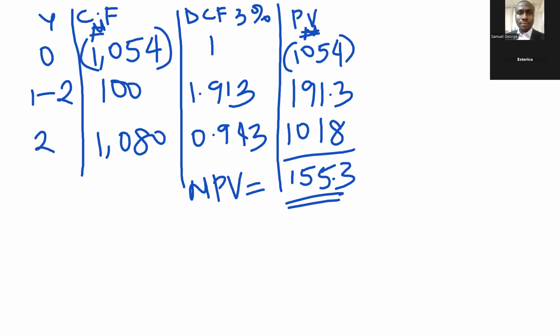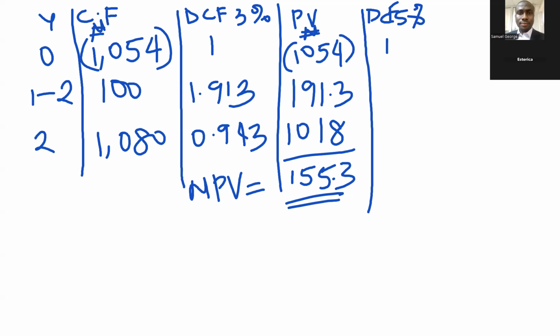Now come to the higher rate, the DCF 5 with 5%. Year 0 is always 1. So go back to the table, look for 5% for 2 years. Trace it.